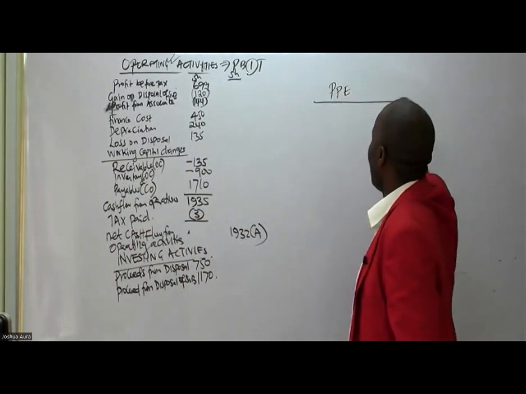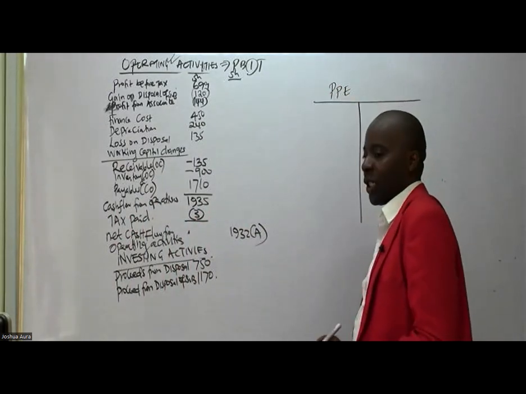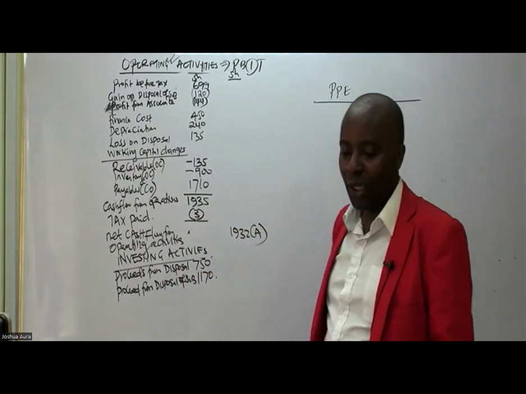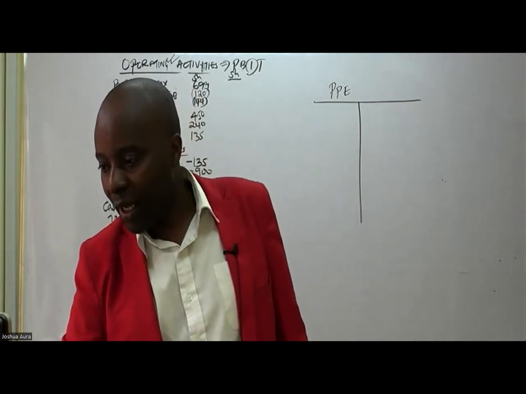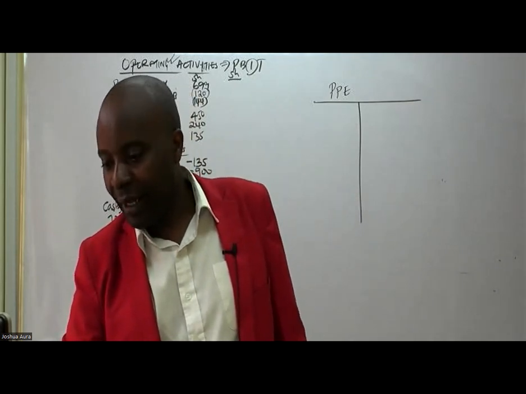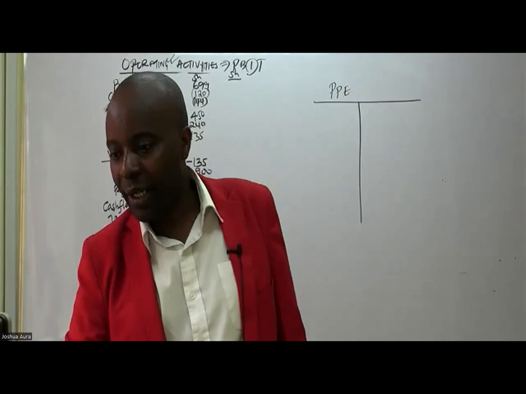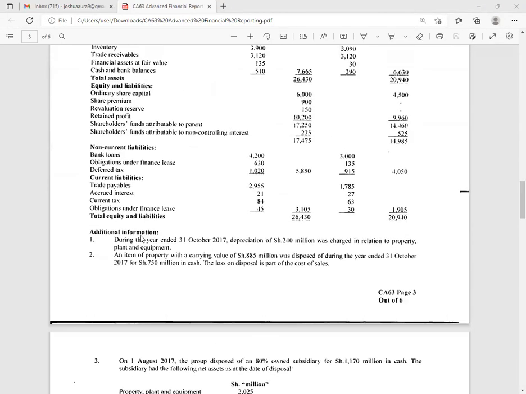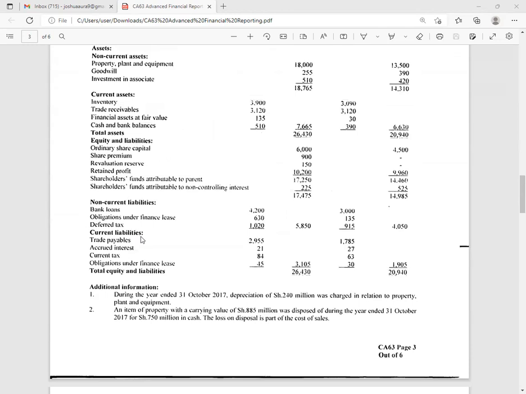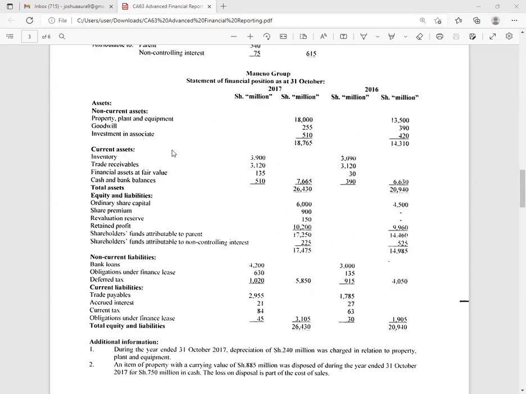Very important. As you get used to this, of course, you shall be able to do away with these T accounts. But for now, let's work out. So we have, ladies and gentlemen, here, property, plant, and equipment brought forward. I can see 13,500, carried down 18,000.